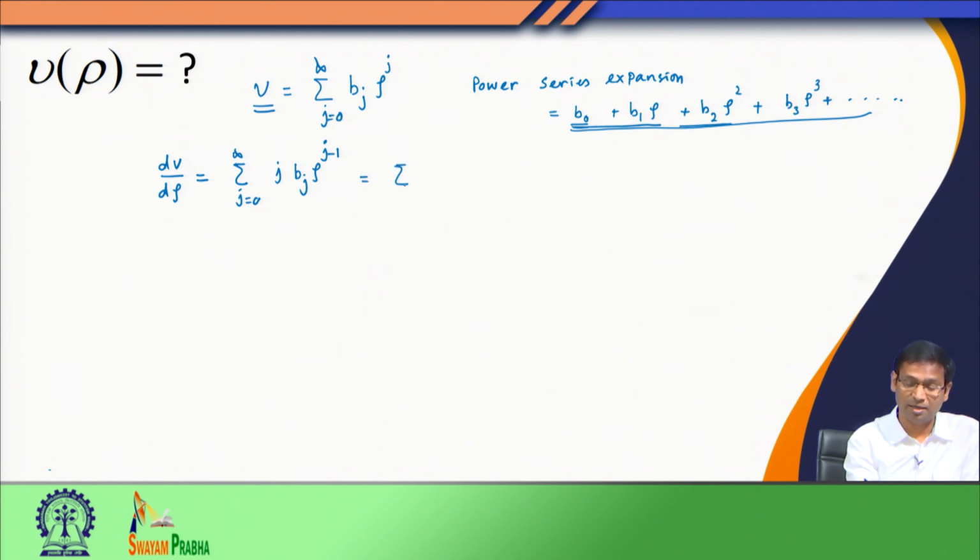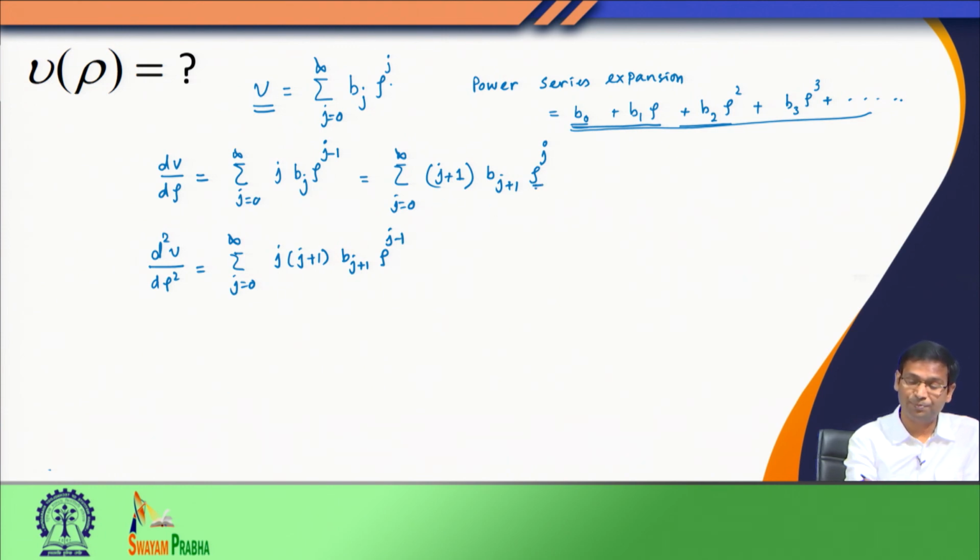Alternatively, I can write this equation by replacing j with j plus 1, since this is an infinite series, that will not have much of an effect. So, j minus 1 has become j, and similarly I can write d square v by d rho square as the sum, j goes from 0 to infinity, of j into j plus 1 b j plus 1 rho to the power j minus 1. So, I am differentiating this term.